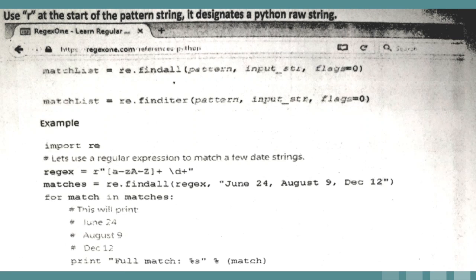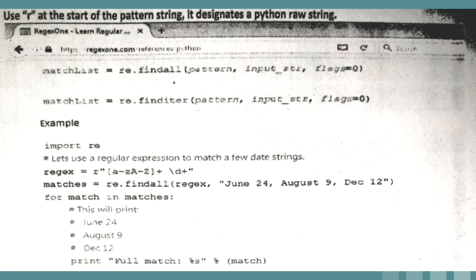The next expression which we have written is matches equal to re dot find all, and in the find all function first we have provided the pattern regex. If you don't want to provide the pattern inside the find all function, then just write the pattern with the help of a raw string and store it inside a specific variable, like we did in this case.